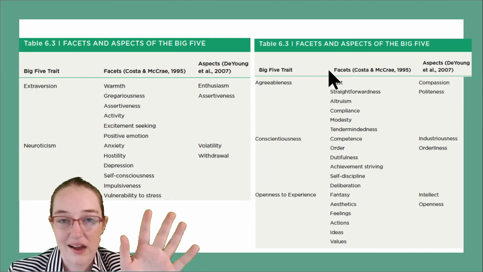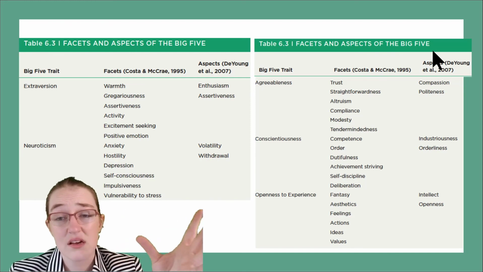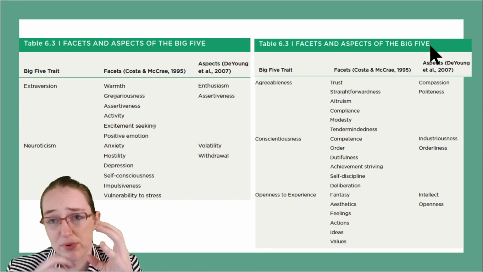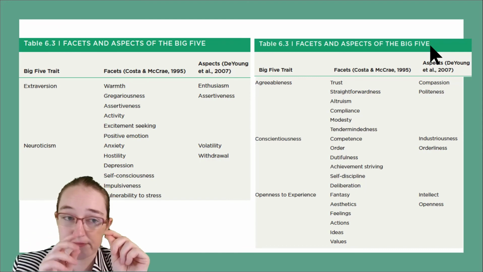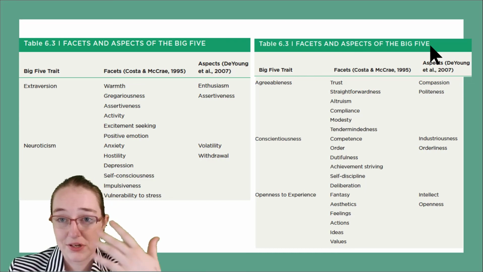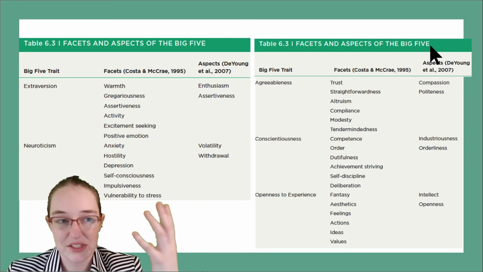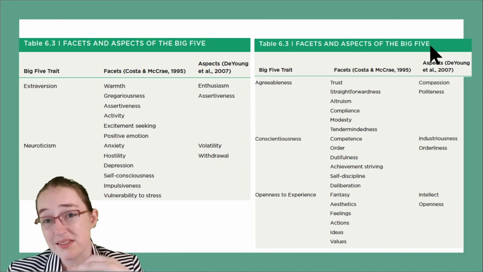I think either the facets or the aspects are equally acceptable ways to think about how to break down the big 5 into smaller elements. But there's research to be done. We haven't settled on which is the best or which is the truest, because this is an ongoing debate.